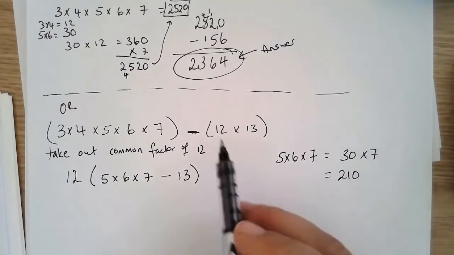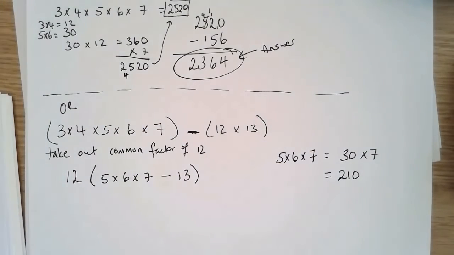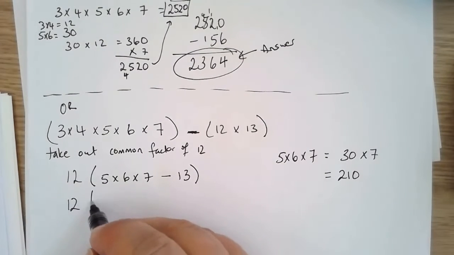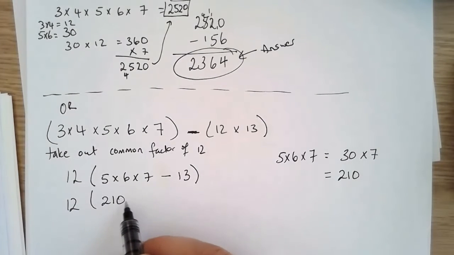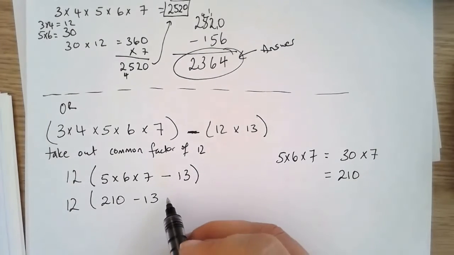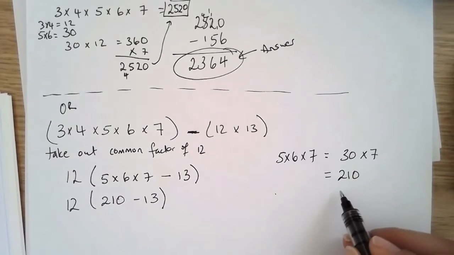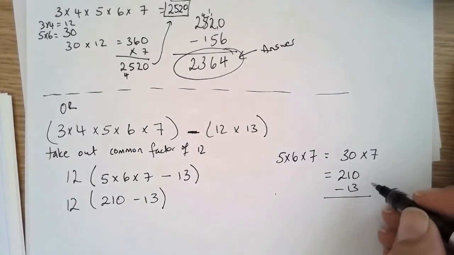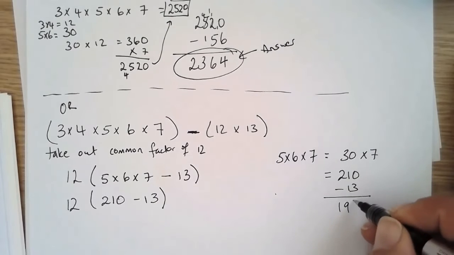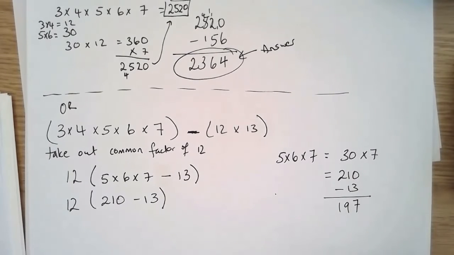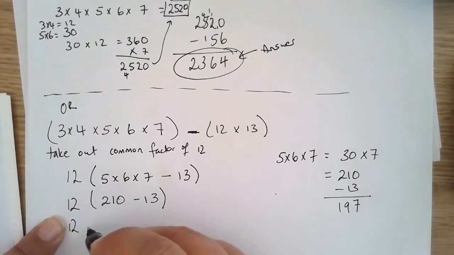I can do that a lot faster than some of the calculations I had to do up here. So it's 12 times 210 subtract 13. 210 subtract 13 is 197. And then what I'm left with is 197 multiplied by 12.